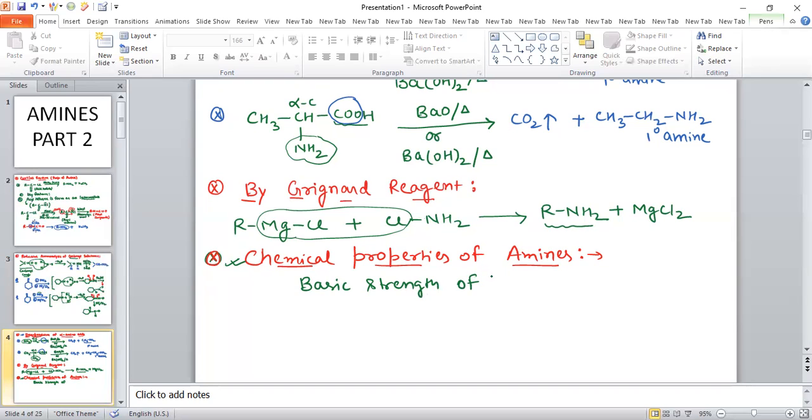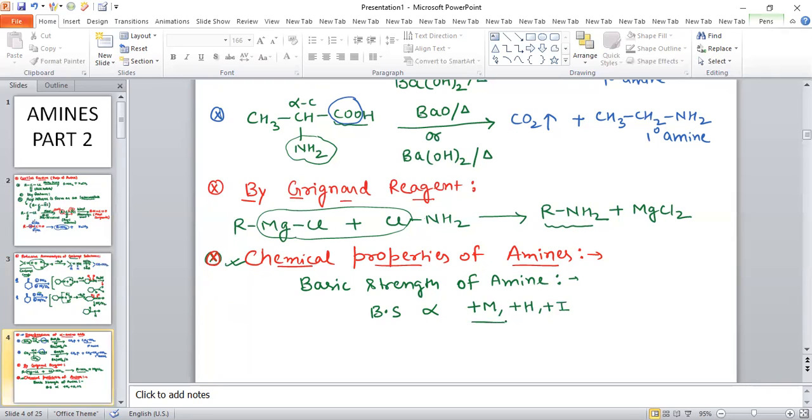So basically, we know the basic strength of amine is directly proportional to +M group, directly proportional to +H group, and directly proportional to +I group.